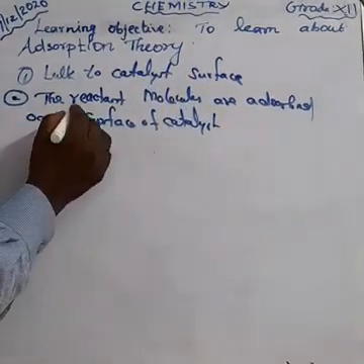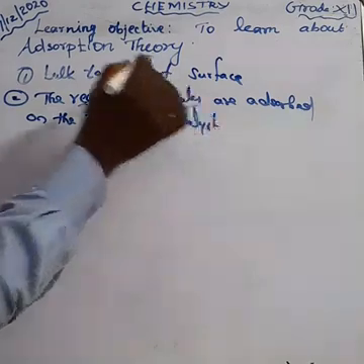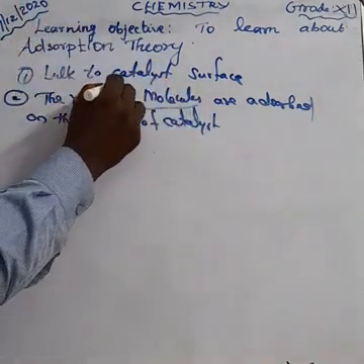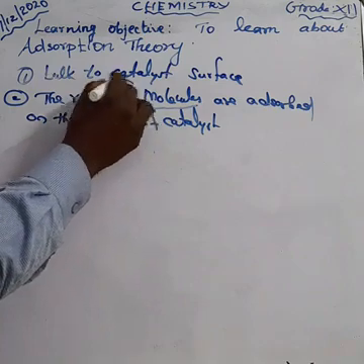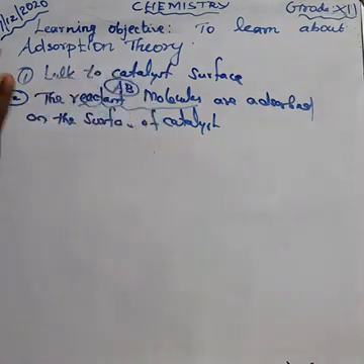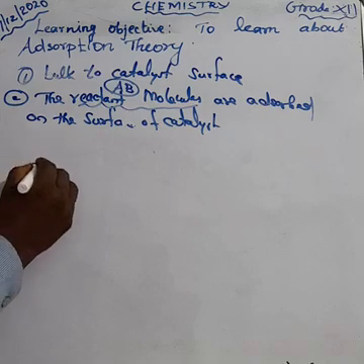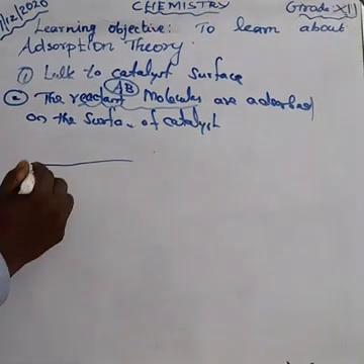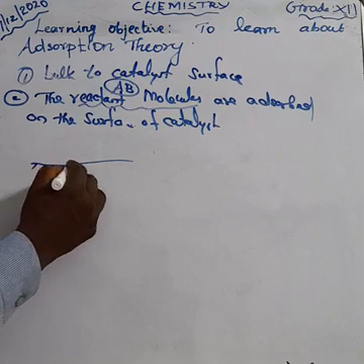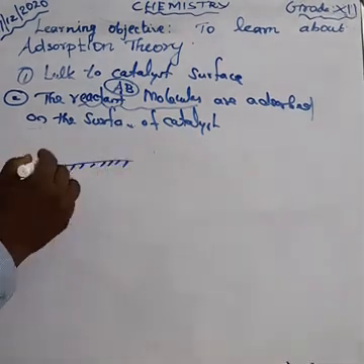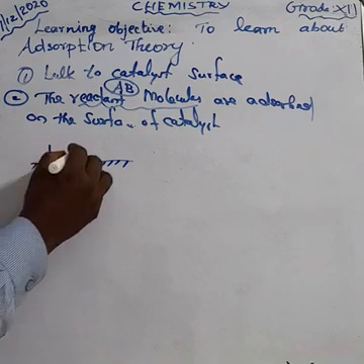We can consider the reactant molecules as AB. The reactant molecule AB for drawing. This is the surface of the catalyst. This is the reactant molecule.